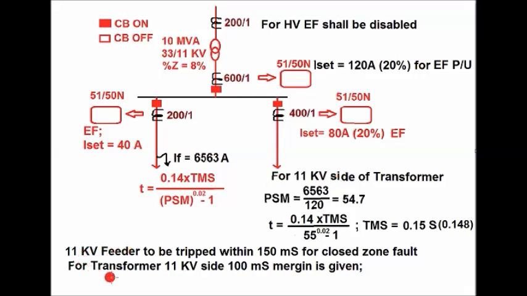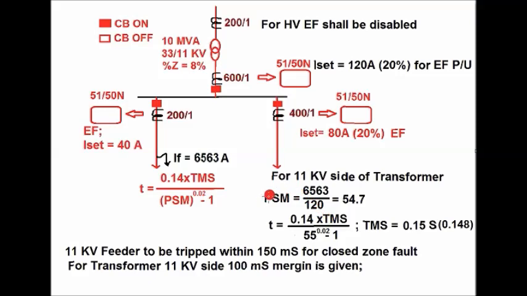A 100 millisecond margin is given for the setting of the earth fault relay TMS for this LV side of the transformer. Again, the current is set as 20% of the rated current, that is I set is equal to 120 ampere, as the CT ratio is 600 by 1, or 0.2 ampere in terms of secondary current.